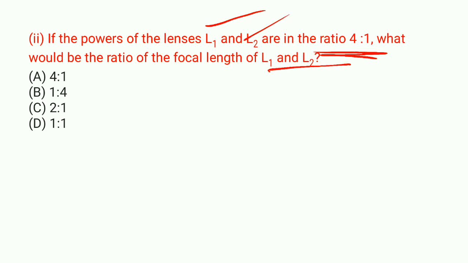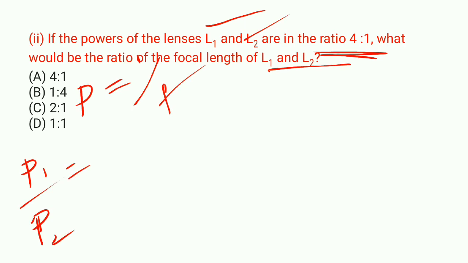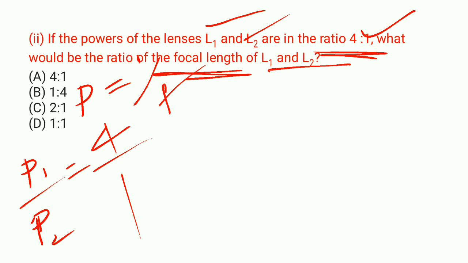As we know, power is equal to 1 by F. They have given the ratio of the powers of the two lenses, P1 and P2, as 4:1, which means 4 divided by 1. Now we want the ratio of the focal lengths.